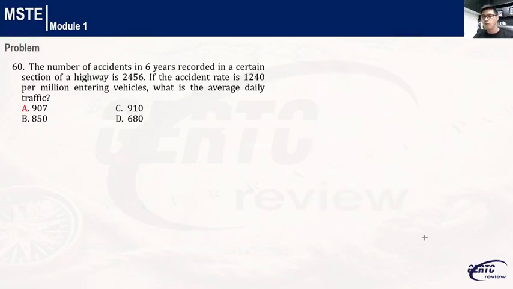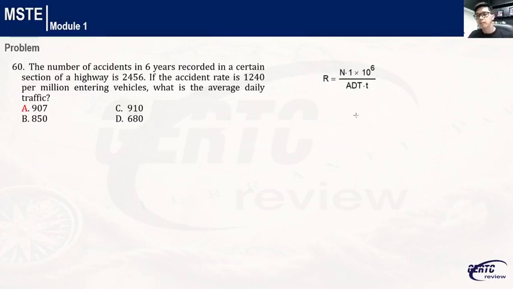Ano yung formula for the rate per million entering vehicles? So, yung formula natin is the number of accidents times 1 million, 10 raised to 6, divided by the ADT times time. Ito yung formula natin, rate per million entering vehicles.